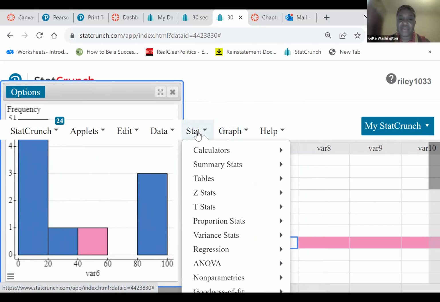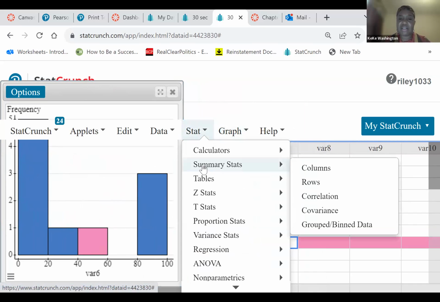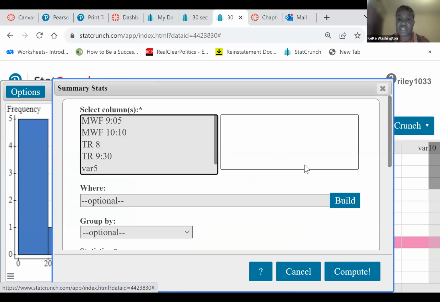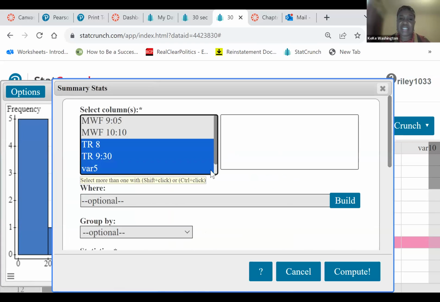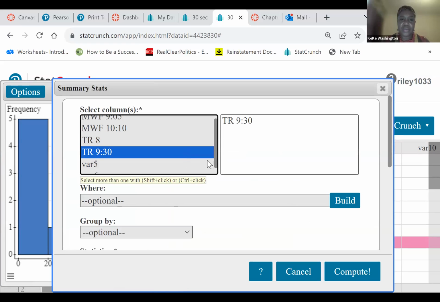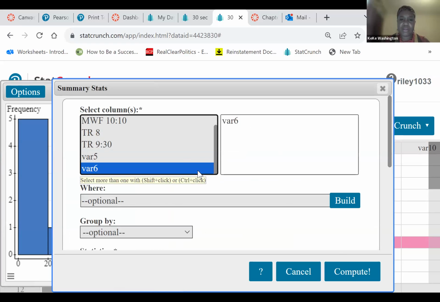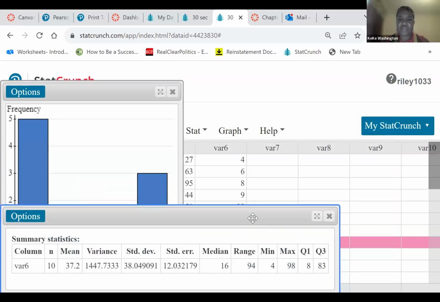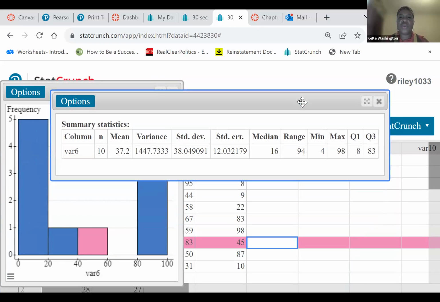You go to stat, summary stats, columns, because your data is in a column. Again, select your data, and compute. This is where all of your calculations for module 3 can be found.